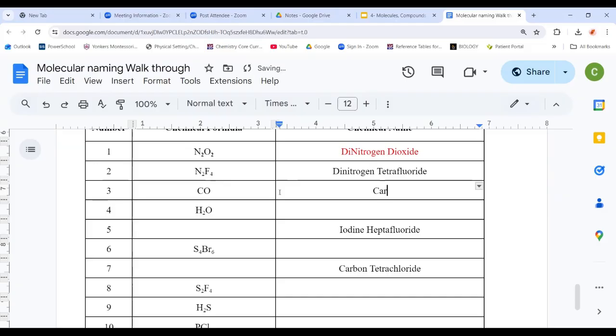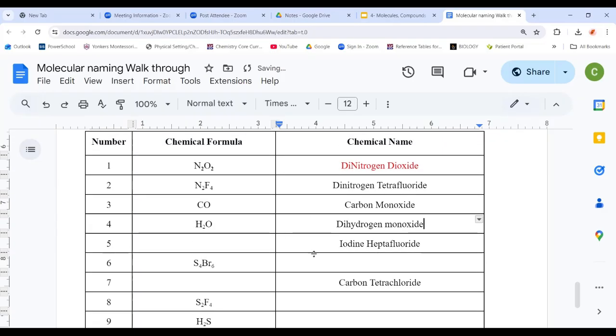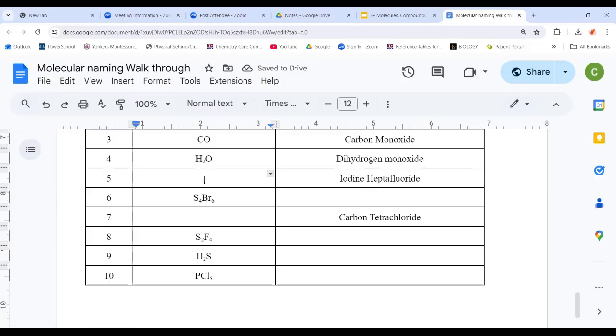Right, this one is carbon monoxide. This one is dihydrogen monoxide. Good old water. Iodine heptafluoride is IF7. Hepta is 7.